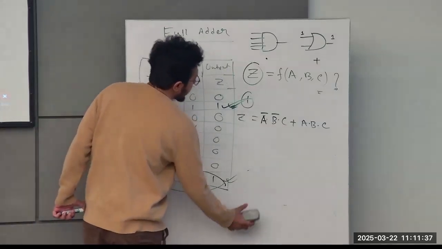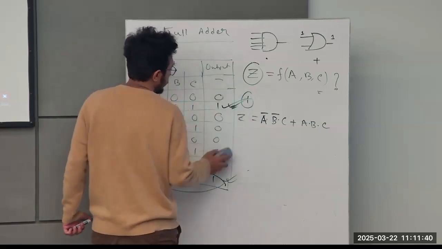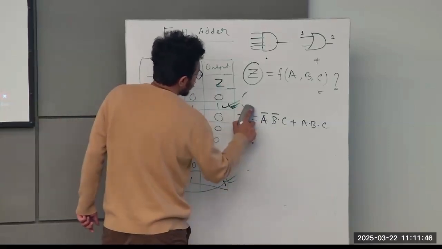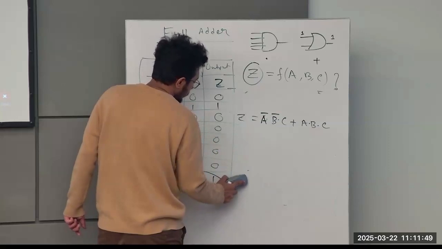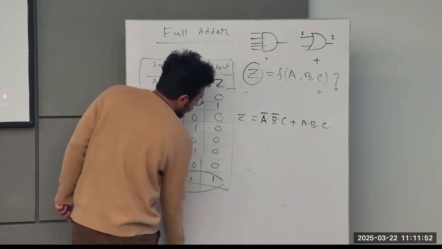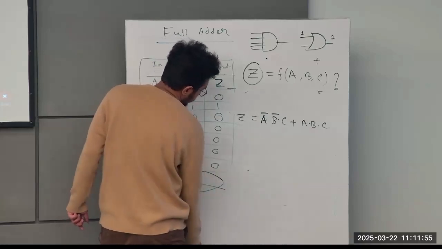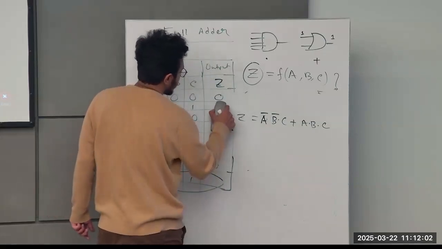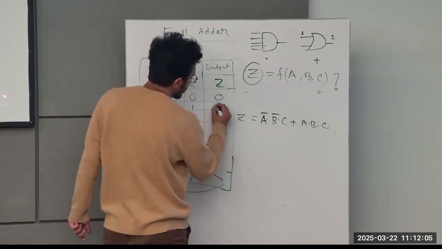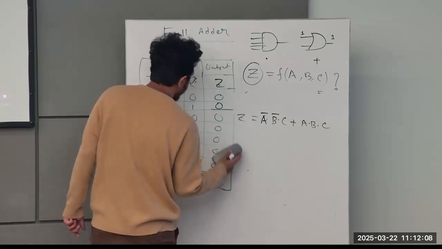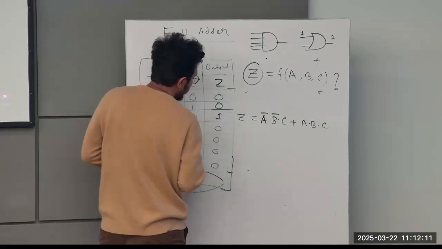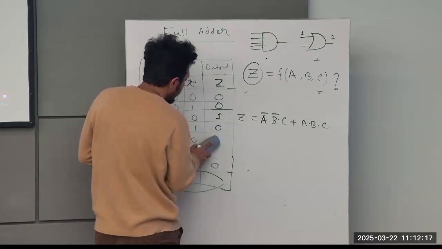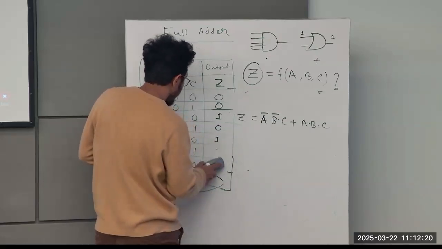So if we had, let's say, something like this instead, we have here, and here.